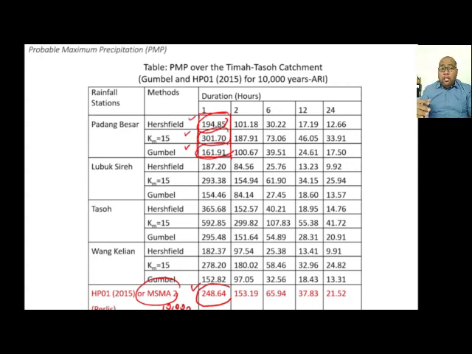So it depends on the authorities to decide. But we as consultants or engineers need to advise JPS which one is better. And for this case, if you want to construct a reservoir, normally we take the highest because we want to secure our reservoir.